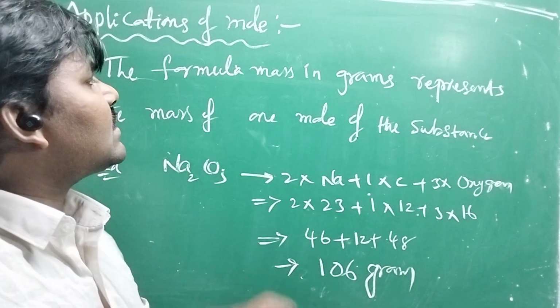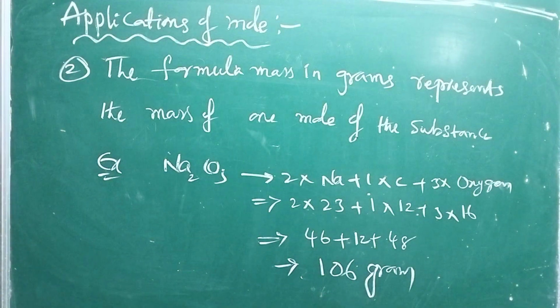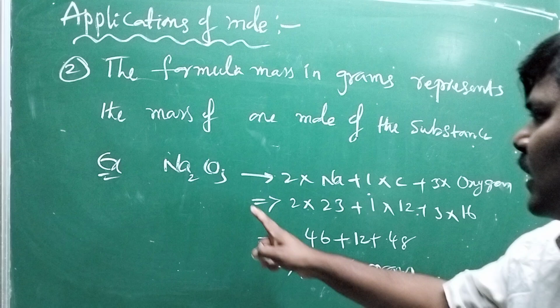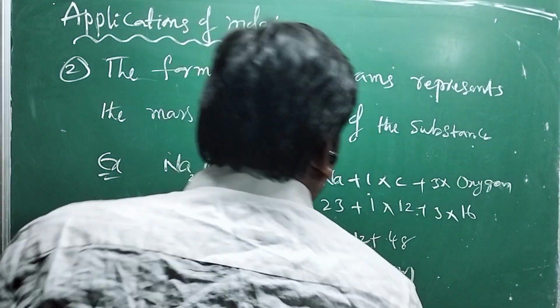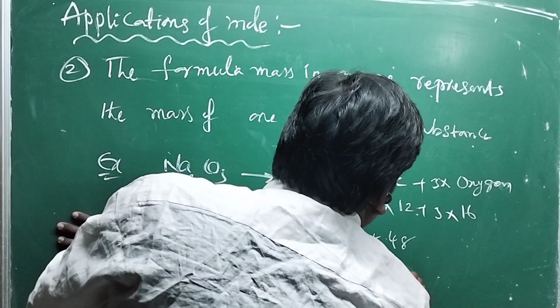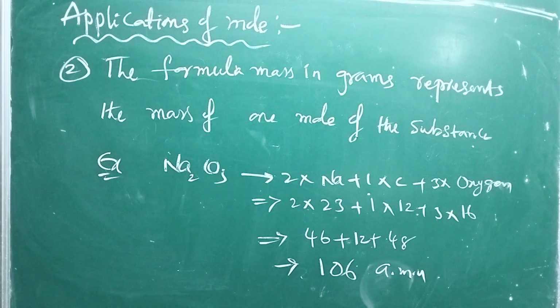The formula mass in grams represents the mass of 1 mole of the substance. For example, 106 grams represents the gram formula mass. In AMU it is only the formula mass.